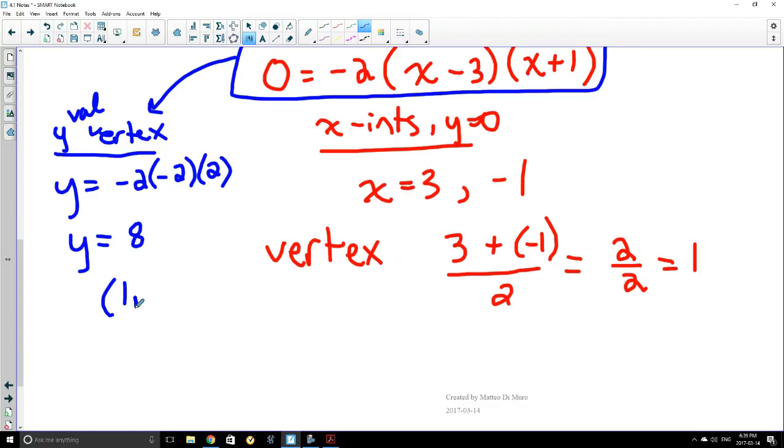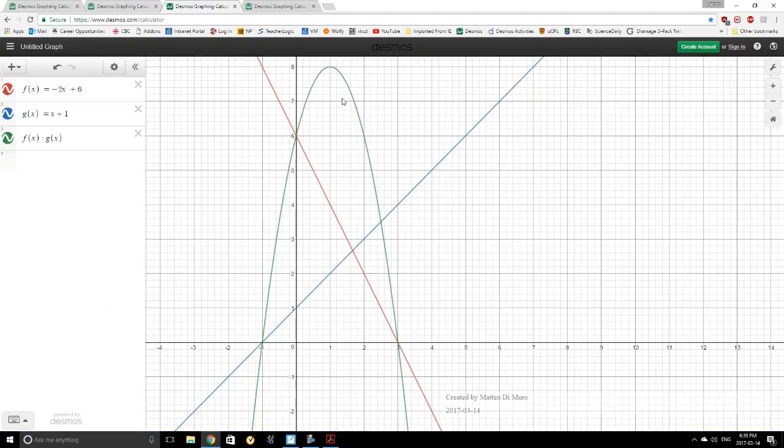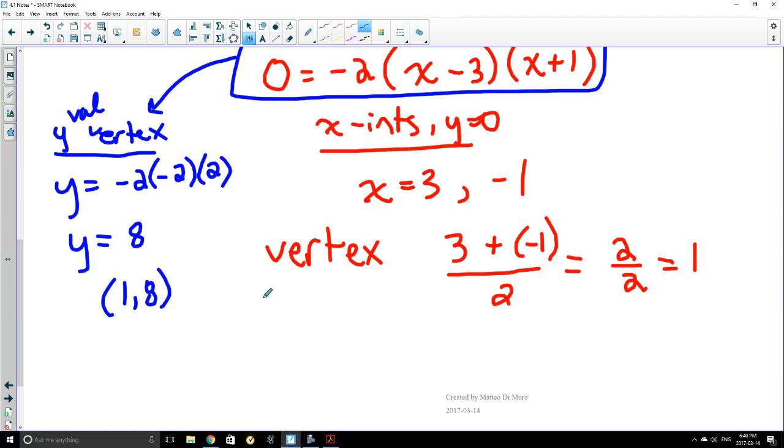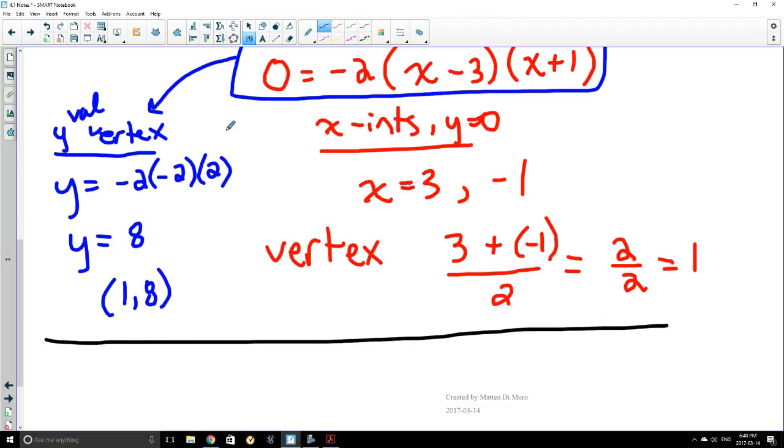So your vertex is going to be 1, comma 8. If we go back and look, we can see that's true on our graph. So for the range, we know it's opening down, so we can figure out the restriction on our range. Again, today is not necessarily about doing this stuff algebraically. We're doing it graphically on a graph, but this is where we're going in future lessons.